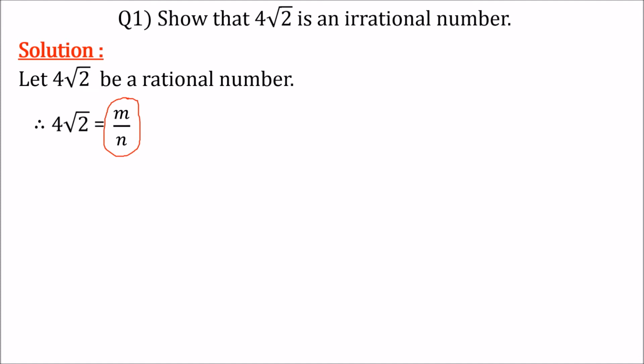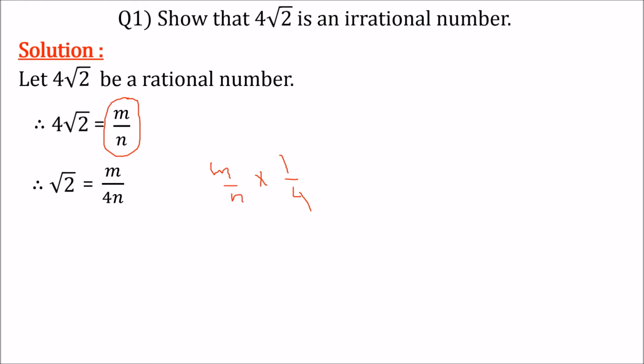Now we will shift 4 to the other side of the equal sign, so we will get here root 2 equals m upon 4n. You know that m upon n is a rational number, right? And I'm multiplying m upon n with 1 upon 4, and 1 upon 4 is also a rational number.